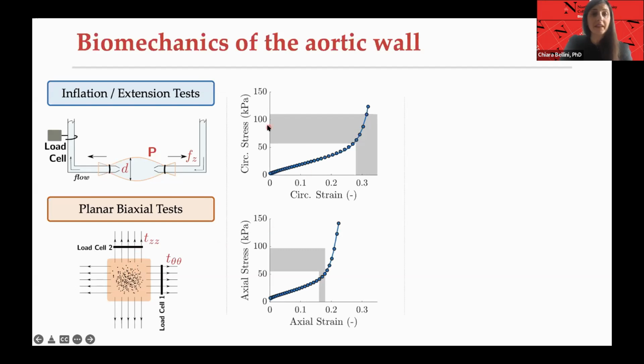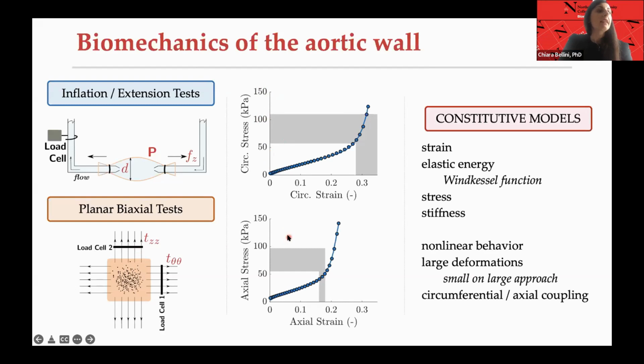Regardless, from the experimental measures of load and geometry or local strain, we obtain two plots of stress versus either strain or stretch, one in the circumferential and one in the axial direction. And then we use these plots to estimate the parameters of a constitutive model, which allows us to predict values of stress, stiffness, and energy for each pair of axial and circumferential deformations.